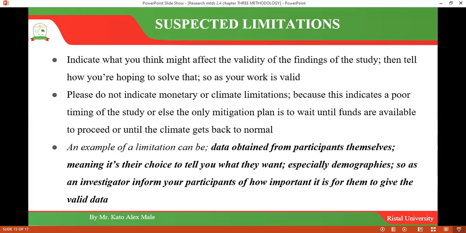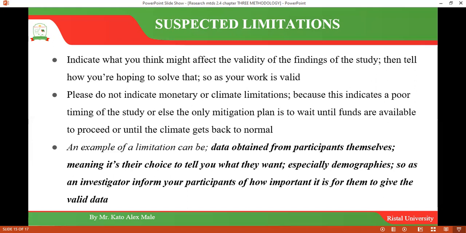We can have a limitation, for example, data is to be obtained from participants themselves, meaning it's their choice to tell you what they want. You understand? That is a great limitation because most of the data for self-reported studies, you ask the participants and then they tell you what they wanted to tell you.